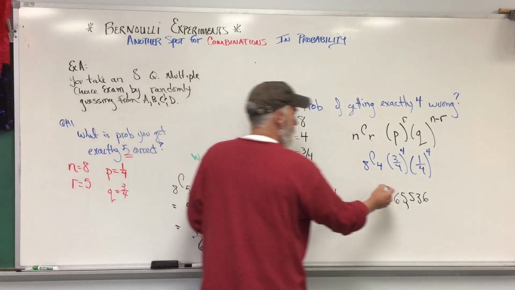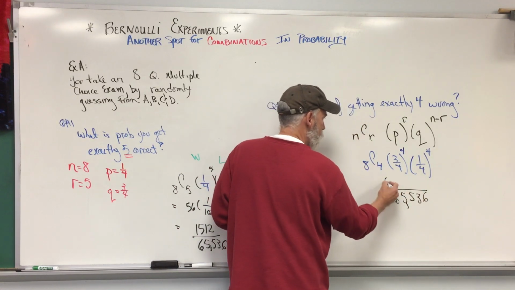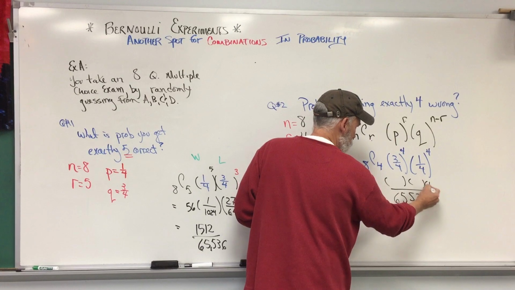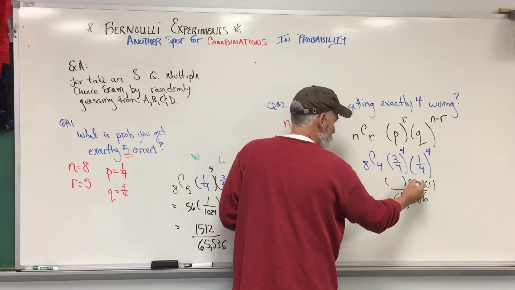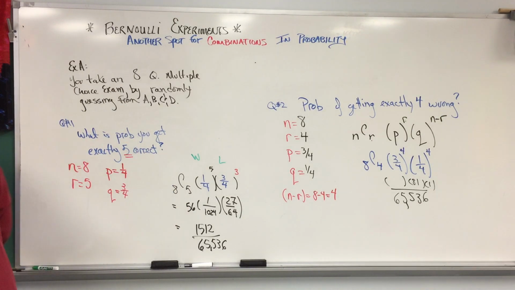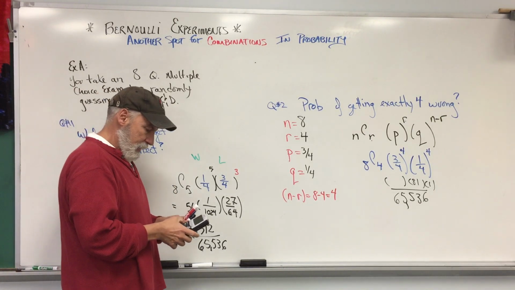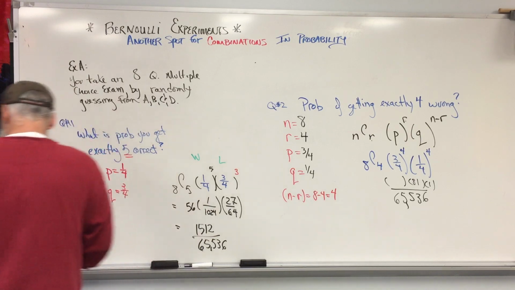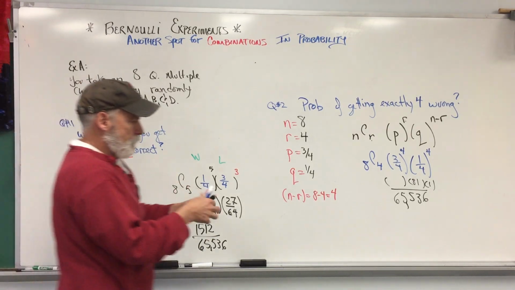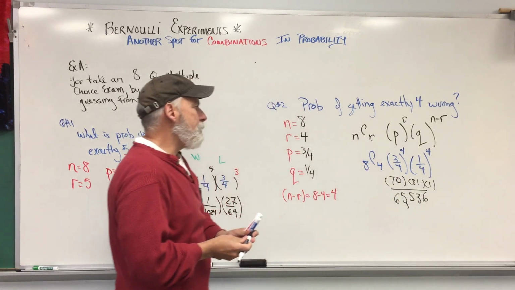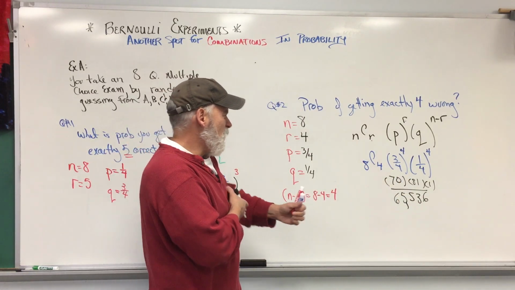The numerator is going to be 8c4 times, well, that's a 1, because 1 to the 4th is 1. 3 to the 4th is 81. That one I know. Now, what is 8c4? We'll have to do that. So I have 8 math c4, 70. So I get a 70 there. And that's probably 5680 if we multiply it out.